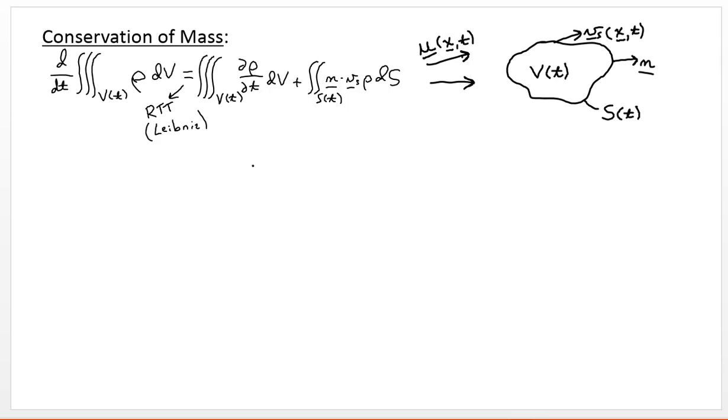So next, we can substitute for the partial time derivative of rho, using the continuity equation. This is simply minus the divergence of rho u.